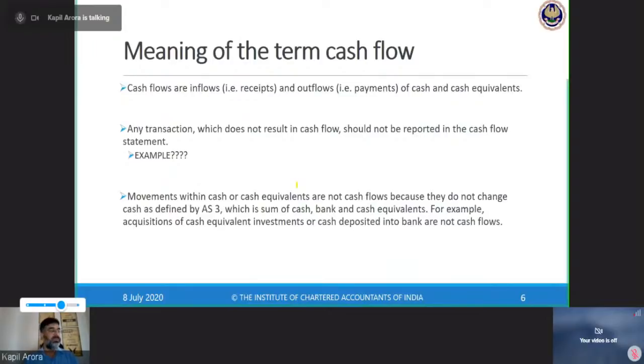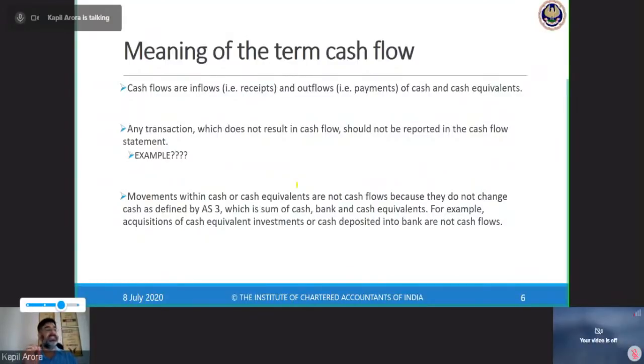Okay, now coming on to the next part, the meaning of cash flows. What cash flow means. We have seen the meaning of cash and cash equivalent, and make sure the 3 months criterion should always be considered for exam purposes. In the exam, you may be asked that the company has invested an amount with a maturity date of 2 months, 3 months, which can be recovered within 2 to 3 months.